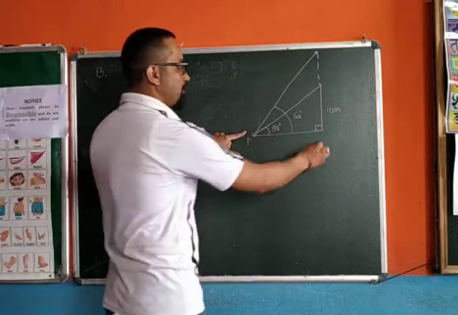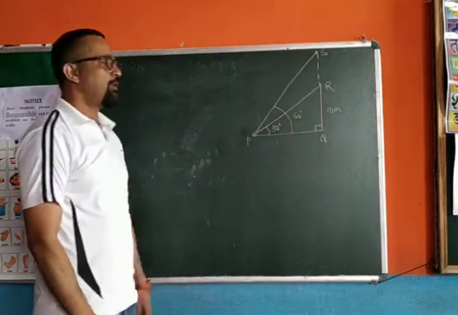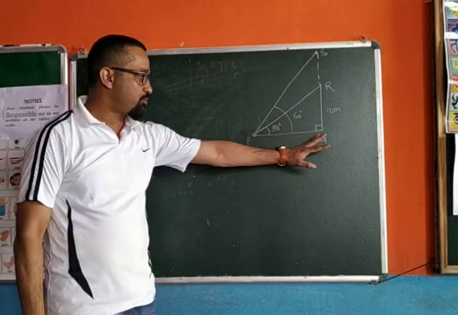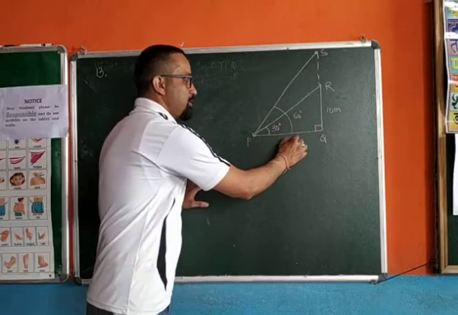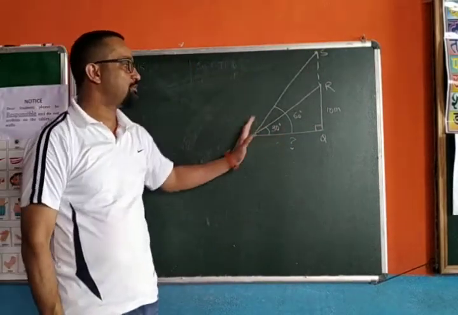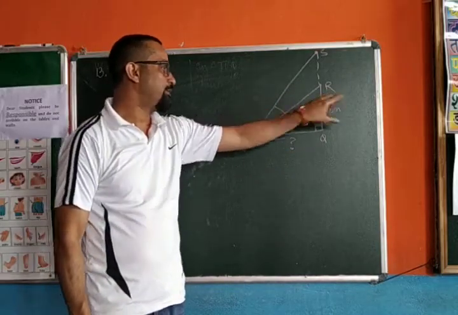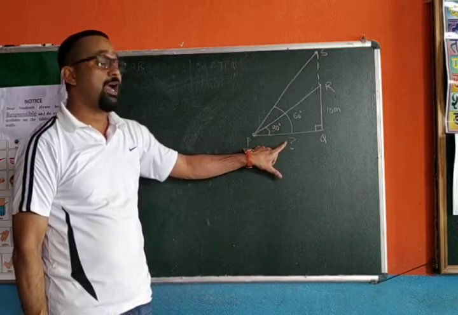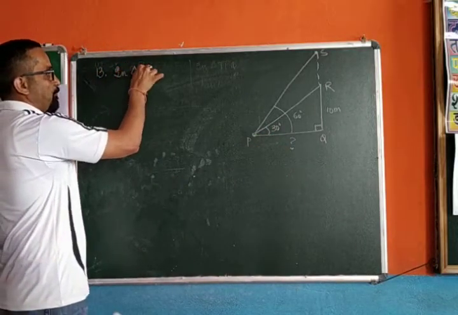Name it P, Q, R, S. So if you look at the small triangle here, PQR, you know the perpendicular; the base is unknown. And both right angle triangles have a common base. So we use the 10 meter angle of elevation to calculate the base in triangle PQR.